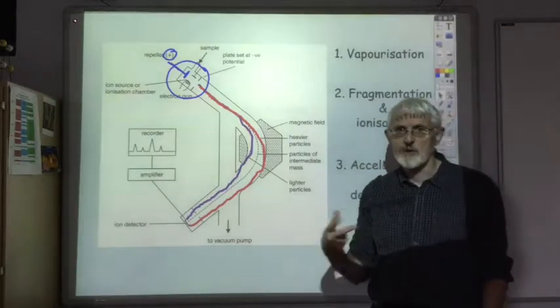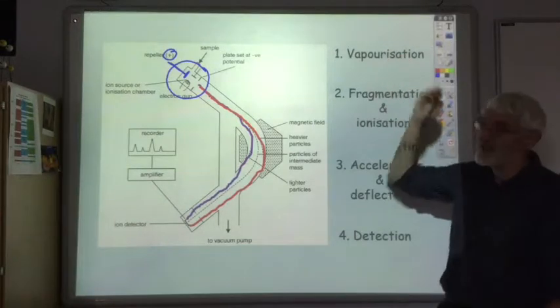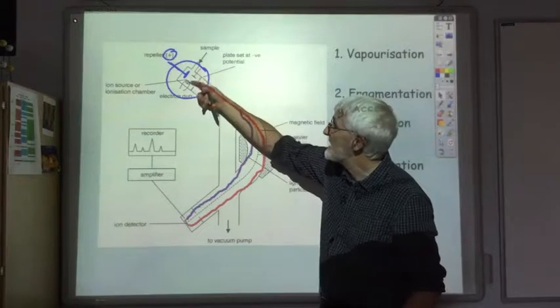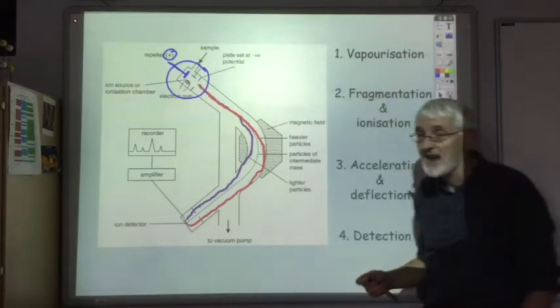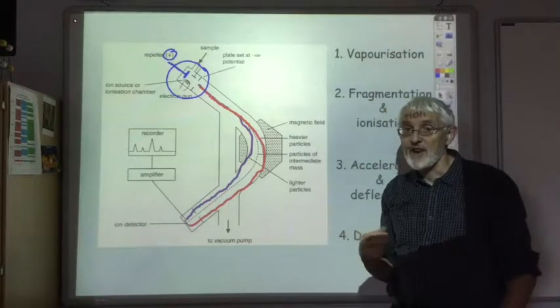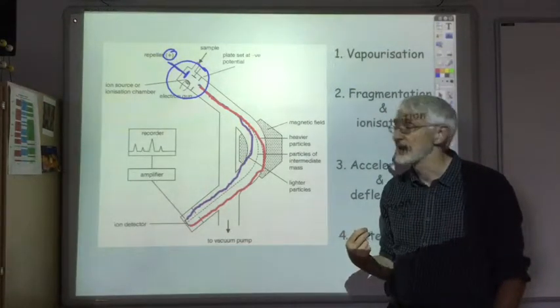Okay, let's just run through all that one more time. So the first step is the sample gets vaporized, injected into the ionization chamber as a vapor. High energy electrons are fired at it, which fragments the molecule and removes an electron from the fragments.